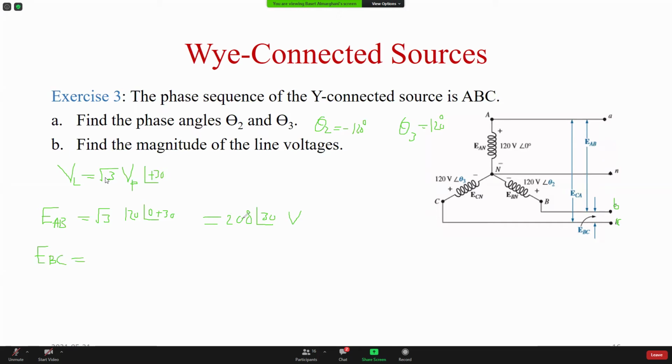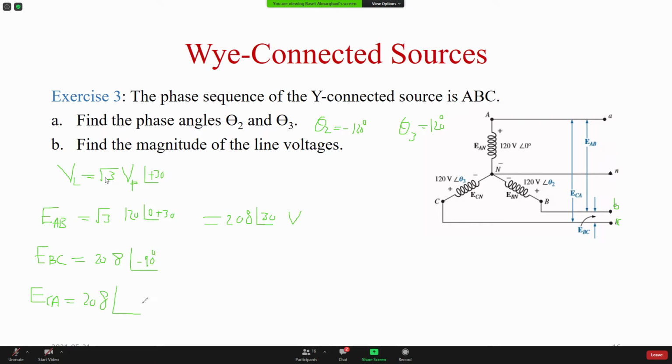It's going to be the same, 208. And ECA is going to be the same, 208. Just 120 multiplied by square root of 3. Then the angle, this was minus 120 plus 30, so it's minus 90.